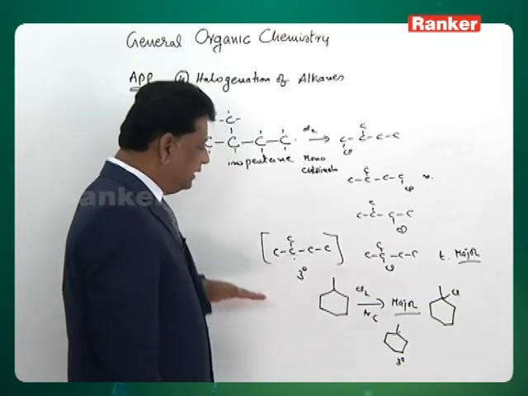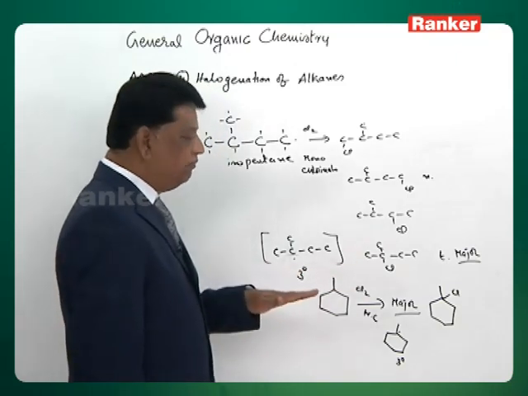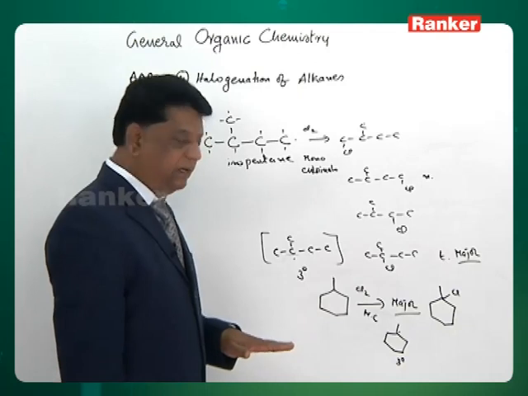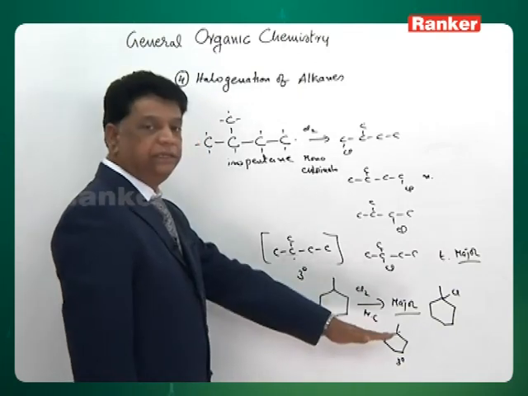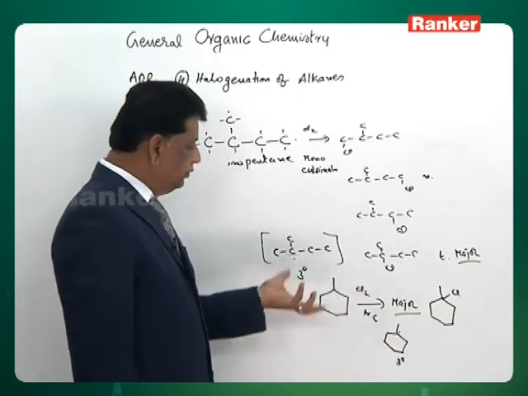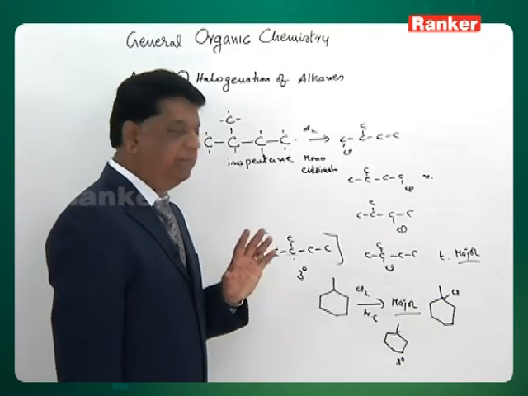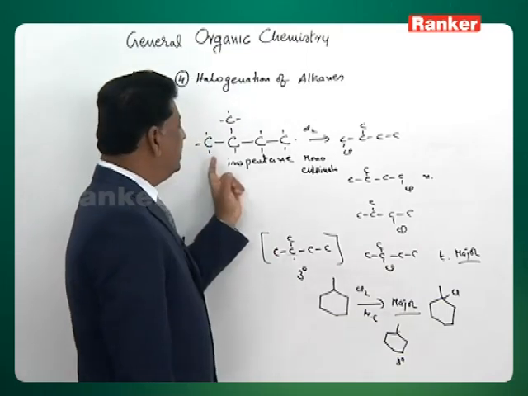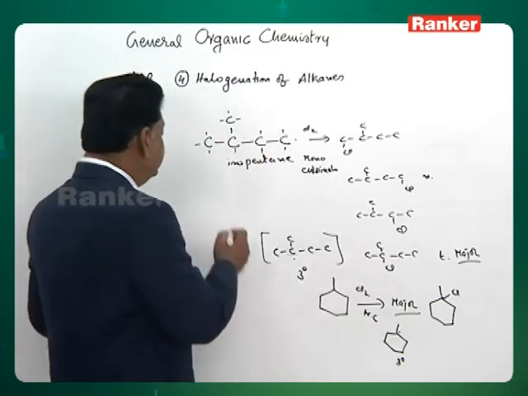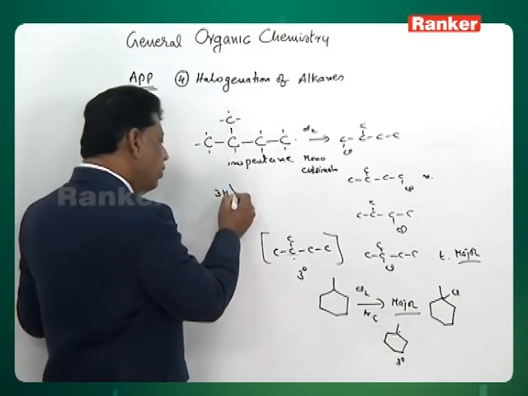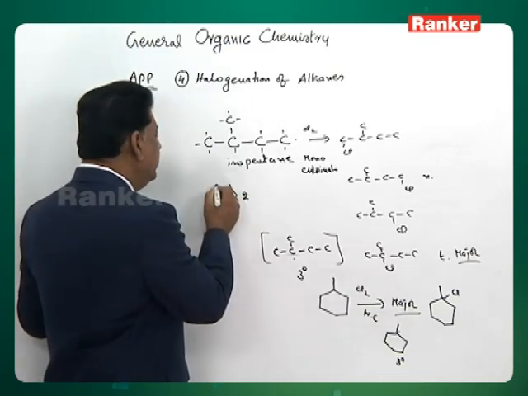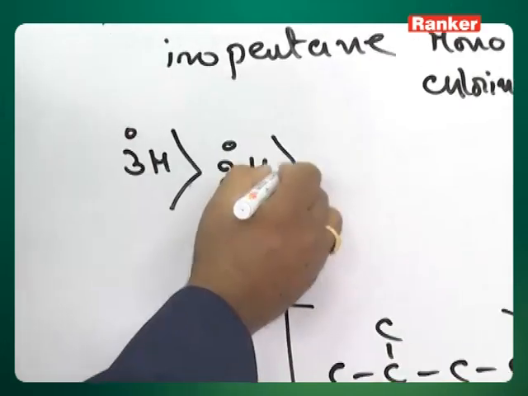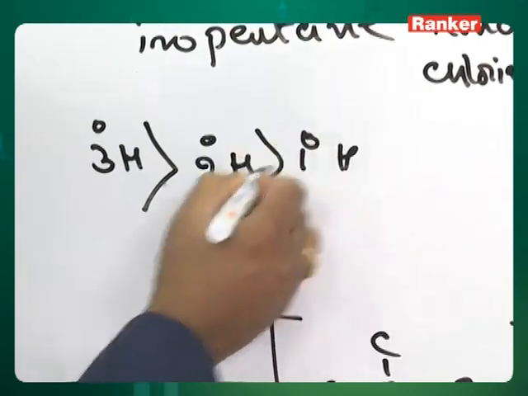The reaction is not judged in view of the final compound's stability. It can also be said in another way: if I have different types of hydrogens, the 3 degree hydrogens are more reactive than 2 degree hydrogens, than 1 degree hydrogens.